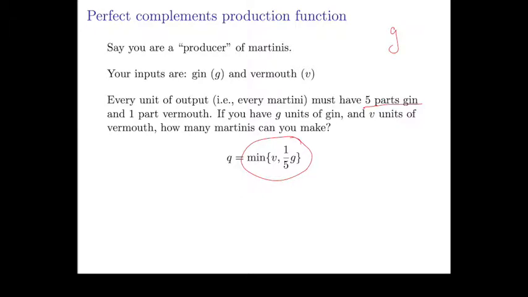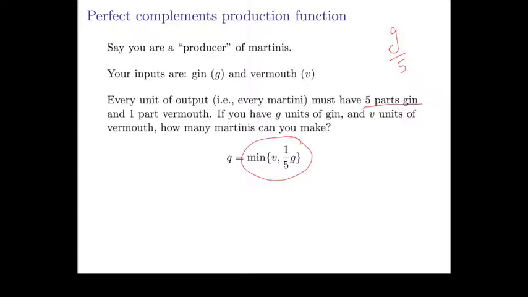I don't have to worry about the vermouth I have. So if I have G units of gin, I need 5 parts of gin for each martini I make. So if I have G units, I can make G over 5. And if I'm not limited by vermouth, then this is the number of martinis I would be able to make using G units of gin.